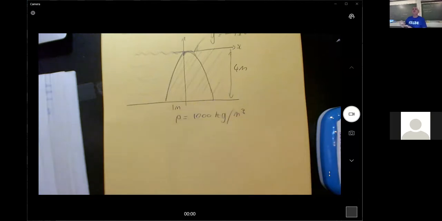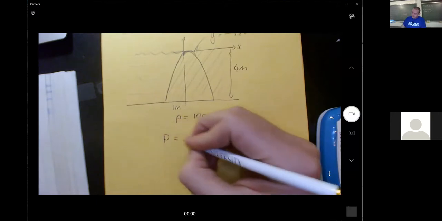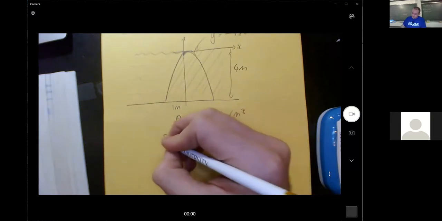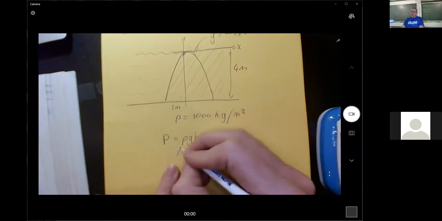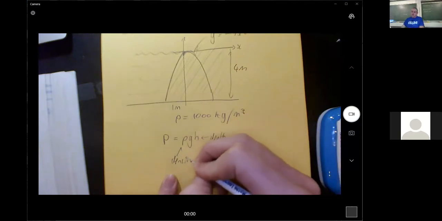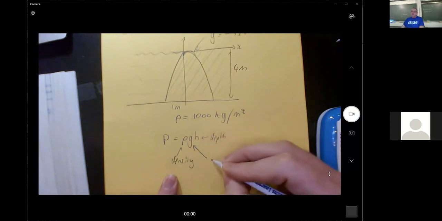What symbol do they use for pressure? P? All right. Where this h is the depth, and that's the density, and that's acceleration due to gravity, like a 9.8 thing.